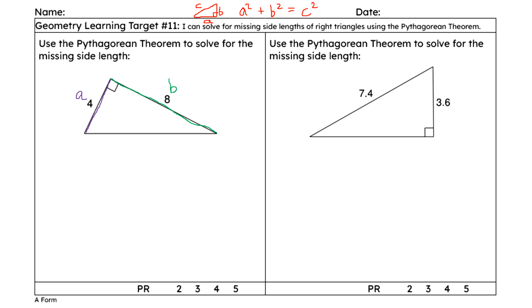All right, so the side length that I am looking for, I am going to call my hypotenuse C. All right, so the relationship is that A squared, you know what, I'm actually going to do this in a different color so I don't get this mixed up. So call this your hypotenuse C. So A squared plus B squared equals C squared.